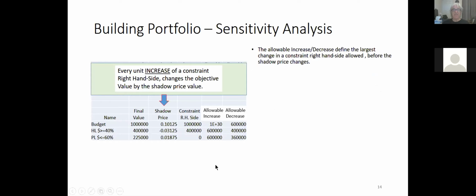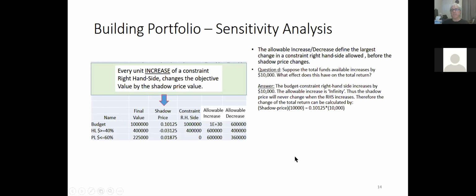I took away only 10,000. So I can use the shadow price for that. So the shadow price is the contribution when you increase the right-hand side by 1 unit, but now you decrease it by 10,000. So the direction of the shadow price is the opposite of what it would be if you had increased the constraint. Let's do it.